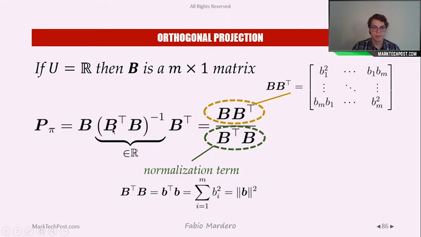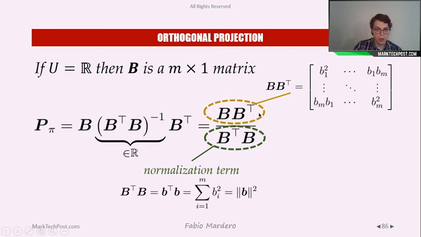Why? Because b transpose is a 1 times m matrix and b is an m times 1 matrix. In the product we delete the inner dimensions, so we get 1 times 1. Of course we take the inverse, which is the fraction of that number.